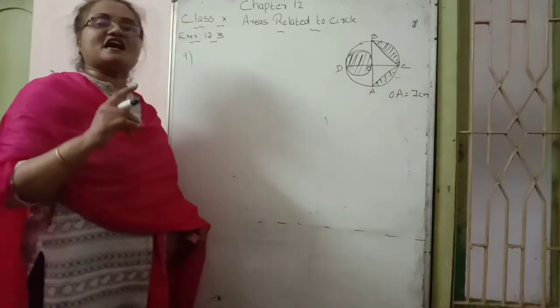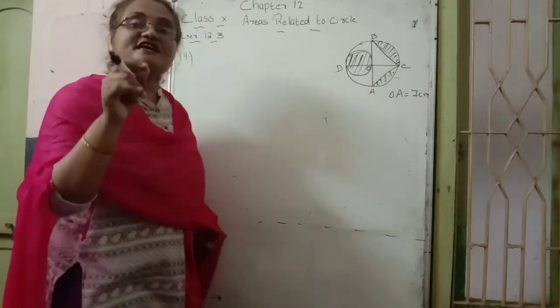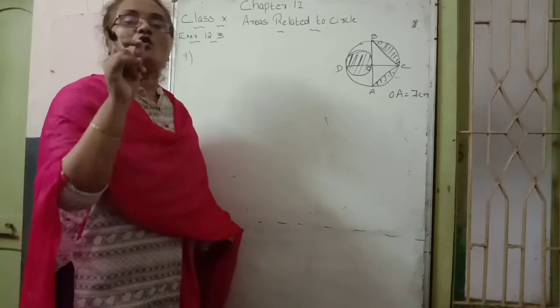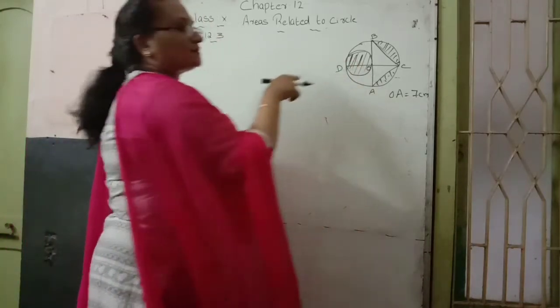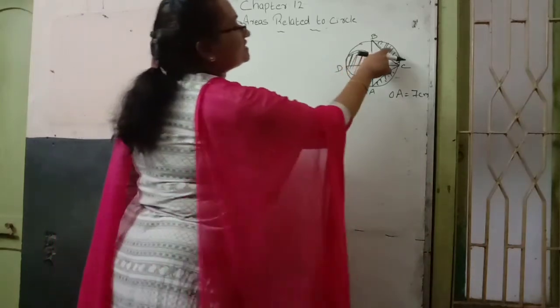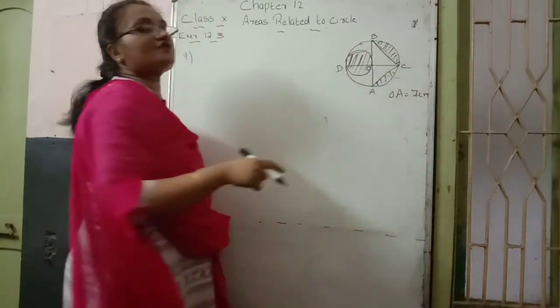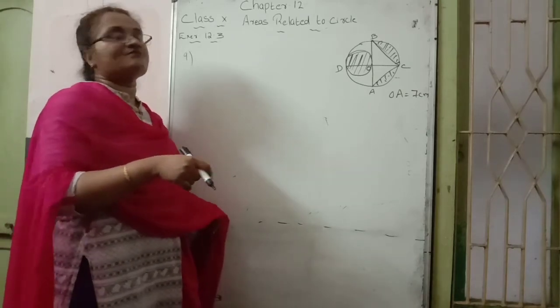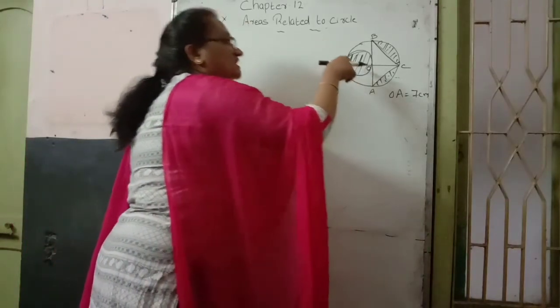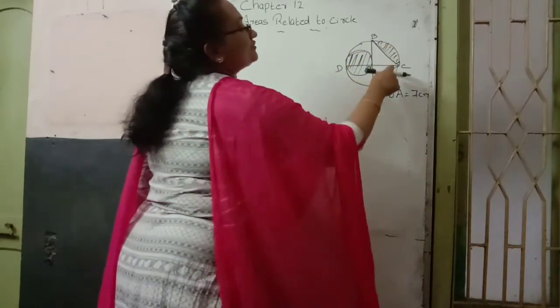What they ask is to find the area of the shaded portion. Where is it shaded? This circular part is shaded, and this region also is shaded. How do we find it? The area of this circle is added to the area of this other part.